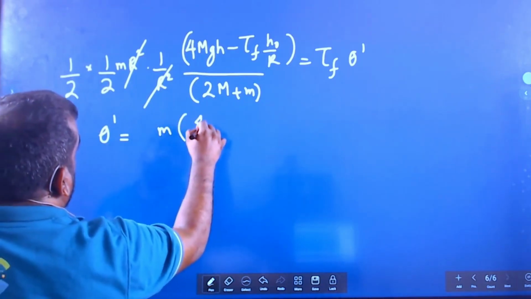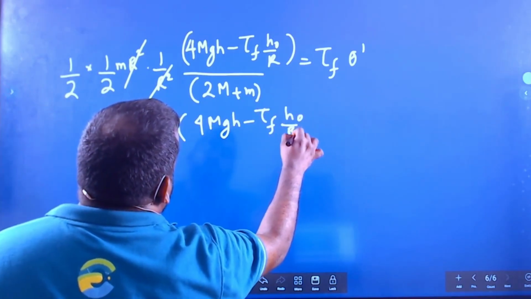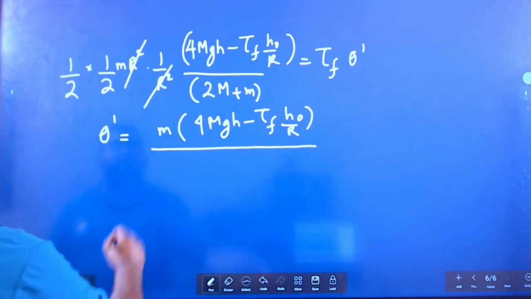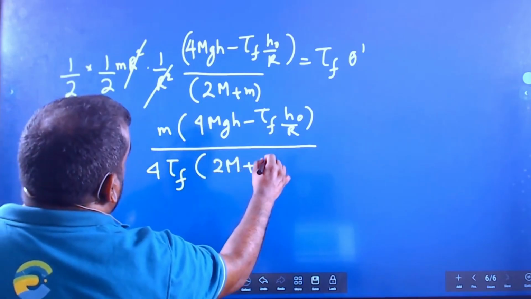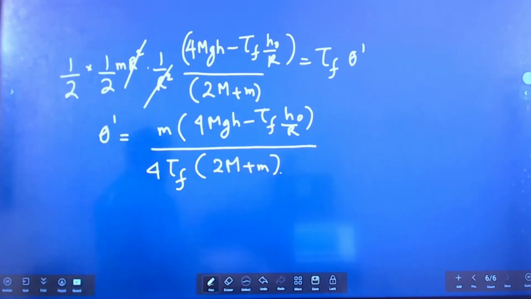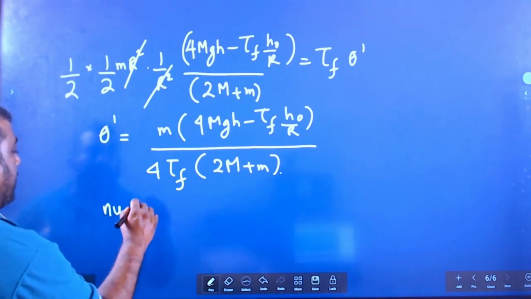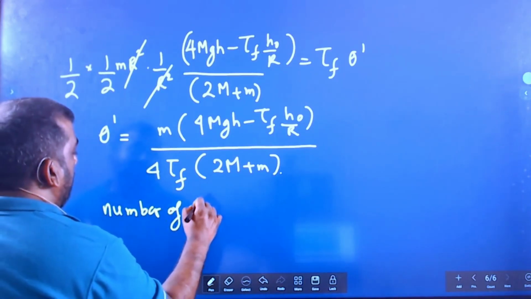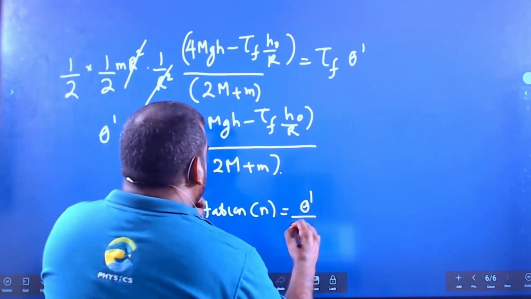Theta dash equals M times 4 (mgh minus frictional torque h naught over r) divided by 4 times frictional torque (2 capital M plus simple m). Angle rotated found. Number of rotations is theta dash divided by 2 pi.